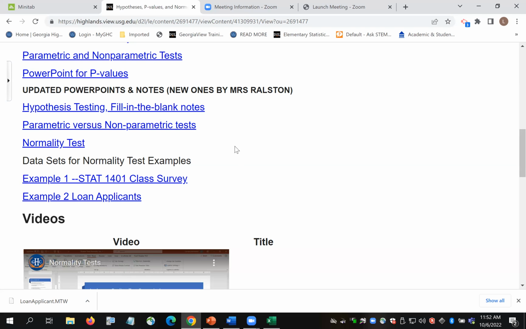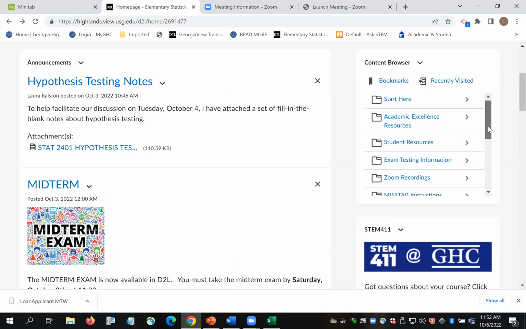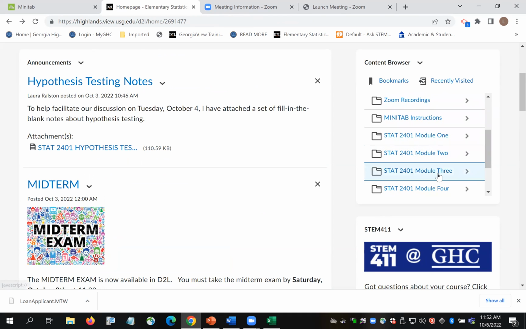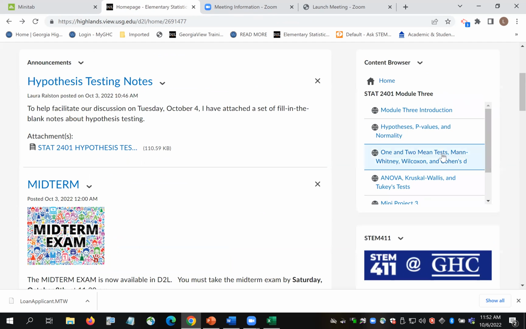I want to go ahead though, to kind of help us stay on track and maybe be just slightly ahead, and look at some examples. The next lesson in module 3 gets into looking at the 1 mean test, the 2 mean test, both of which are parametric, and then looking at the 2 non-parametric tests, which are Mann-Whitney and Wilcoxon.